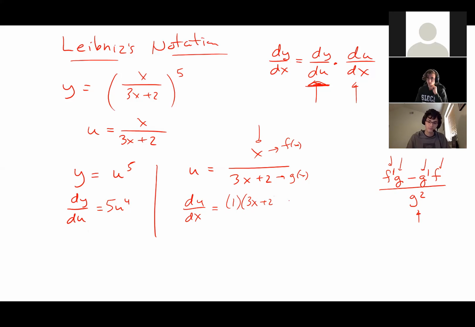So we multiply the g of x without any changes, minus the derivative of g of x, which is 3, times the top, over the bottom squared. Okay, a little bit of work. Don't get lost in the details here. Just want to be able to simplify that big piece there.